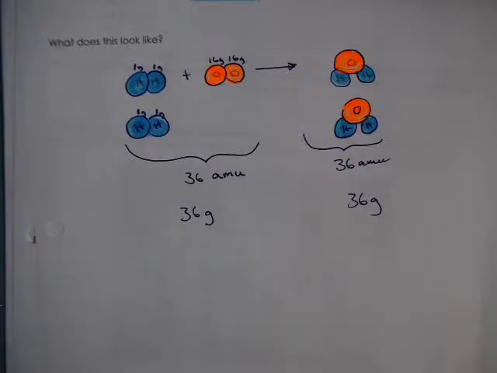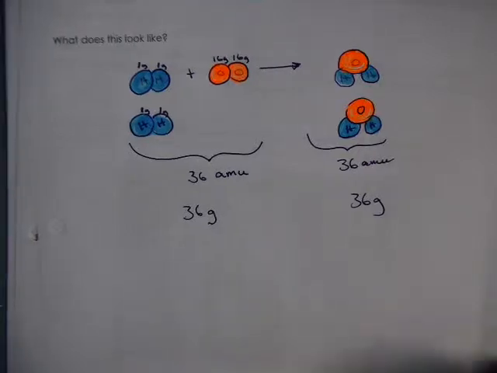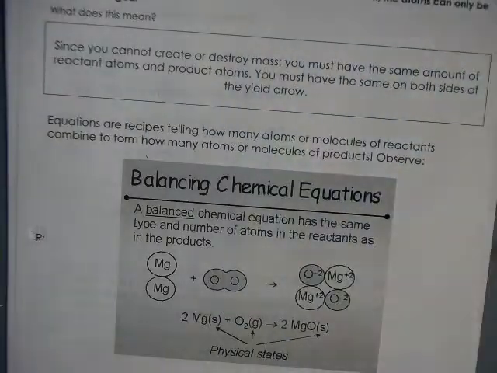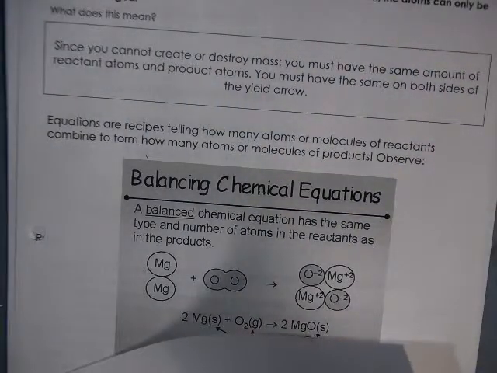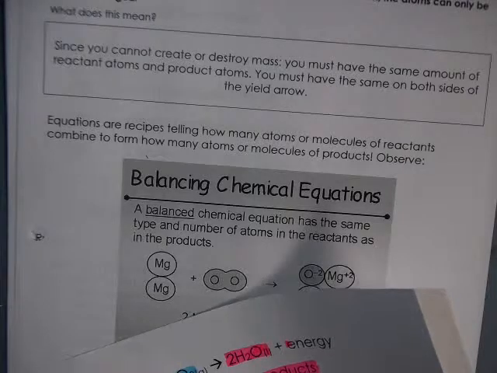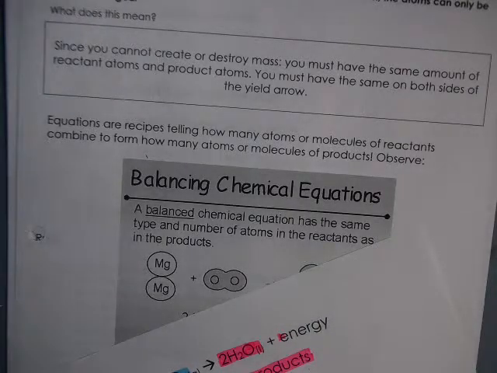And the magnesium bonds were being broken, and they were reforming to form magnesium oxide. And between the smoke and the ash, the mass of the smoke and the mass of the ash will equal the mass of that strip of magnesium that we started with.